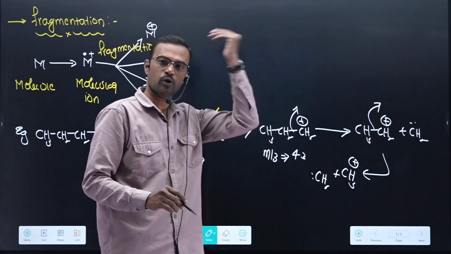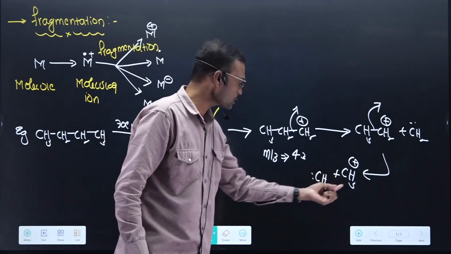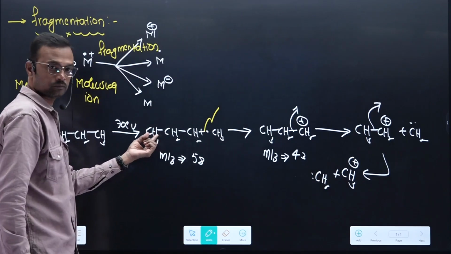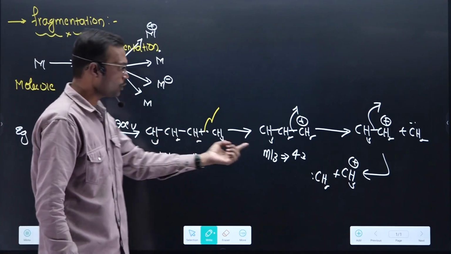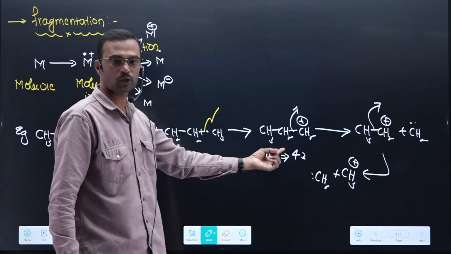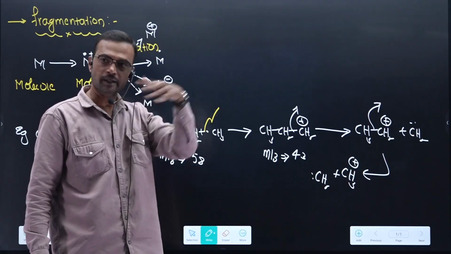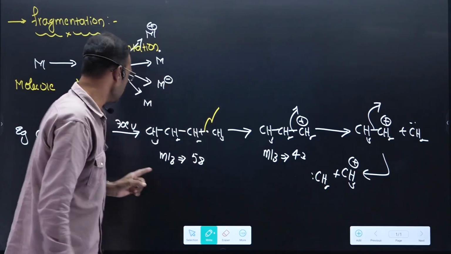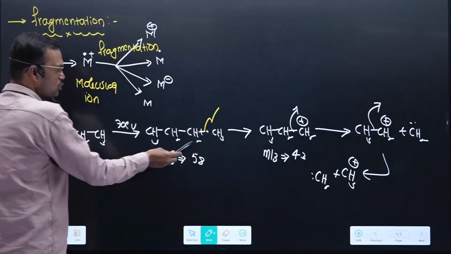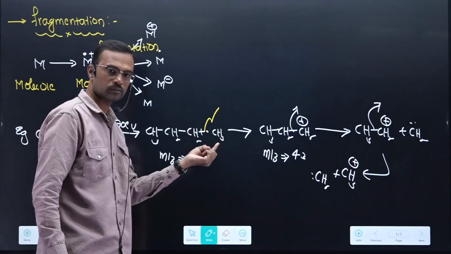Continuously this keeps on undergoing fragmentation. Okay. So this cation never takes place from this molecule. This cation formation never takes place from this molecule. They will take place from this molecule only. That is called successive, step by step process. It doesn't take place at a time. See in this one, after formation of molecular ion, what did I remove here? CH3 plus or CH3 dot?